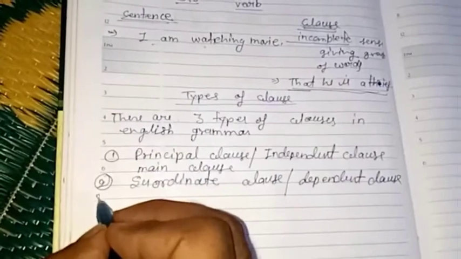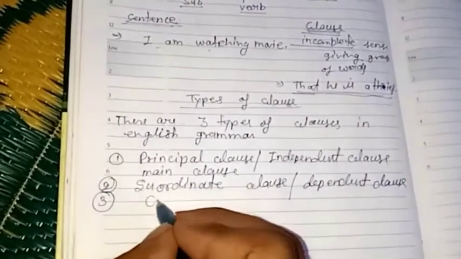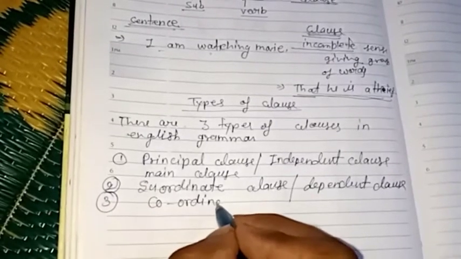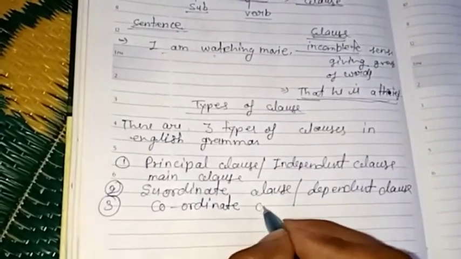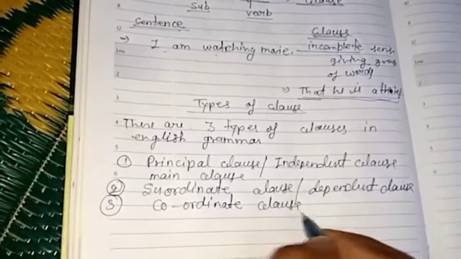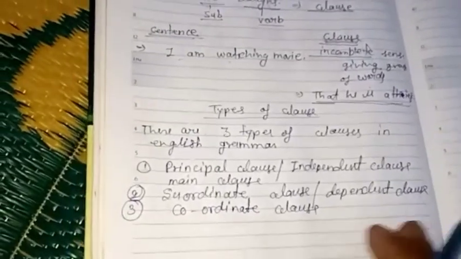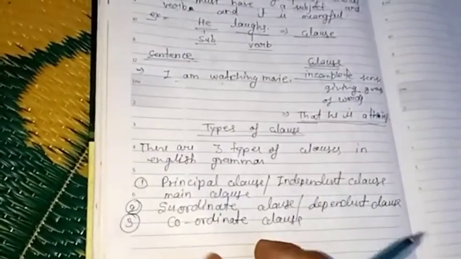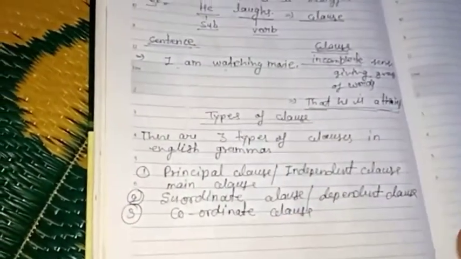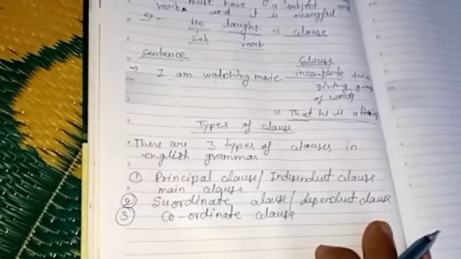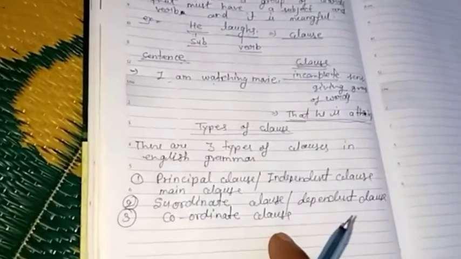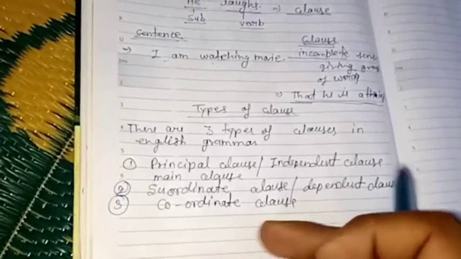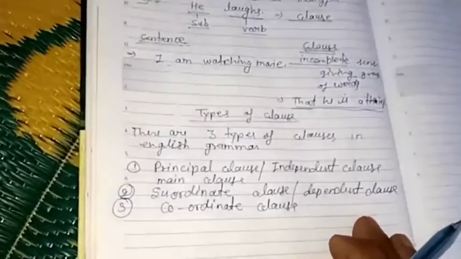And now the third clause is coordinate clause. It is a very important clause, and we use coordinate clause when we have two separate types of sentences. हम लोग coordinate clause का यूज़ तब करते हैं जब हमारे पास बिल्कुल सेपरेट चीज़ें होती हैं.